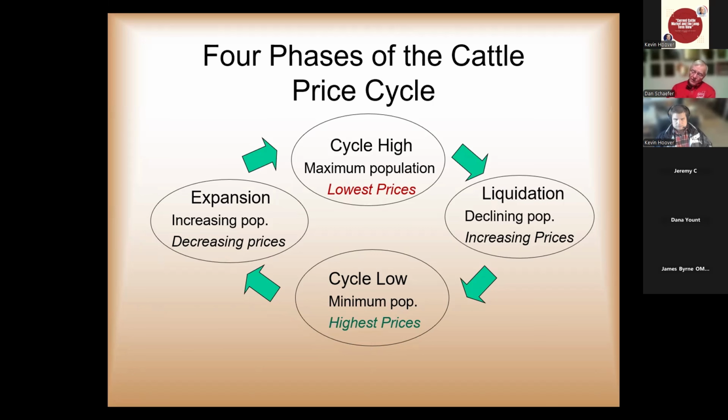The next phase of the cycle is a cycle low in inventory, minimum population size, which is associated with highest cattle prices. And that phase of the cycle is then followed by the expansion phase of the cycle, where there's increasing population and decreasing prices. And that phase, expansion, takes us back to the beginning, the cycle high in inventory.